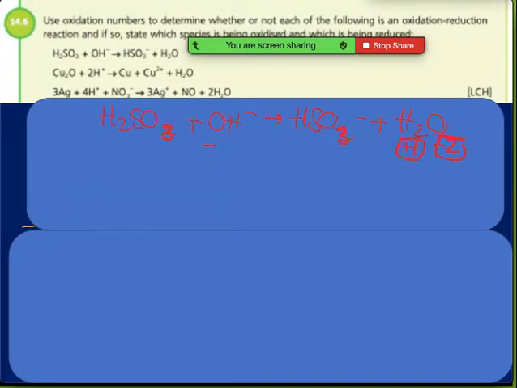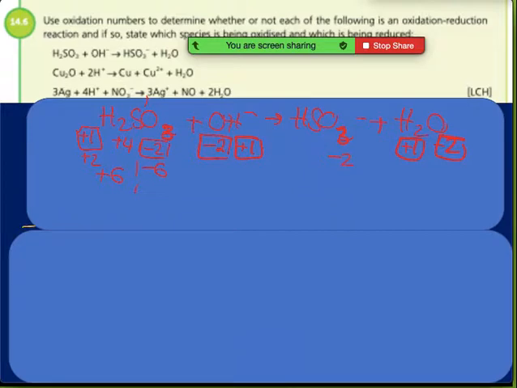Okay, that's fine. So this will be -2 and this is going to be +1. You'll see that the OH minus and the H2O, when we start balancing equations, are never going to change. Here we have -2, 3 of them, -6, which must mean this whole other side is +6. This will be +1, 2 of them, +2, which must mean the S here is +4.